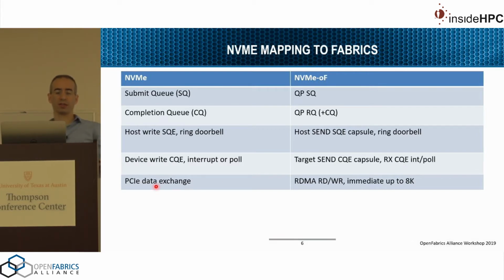In terms of the data exchange, with NVMe, it's a local PCI data exchange. With NVMe over Fabrics, it's over the fabric with RDMA read-write or inline immediate with up to 8K of data.